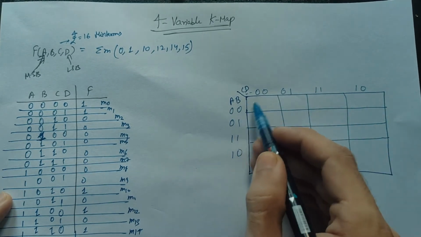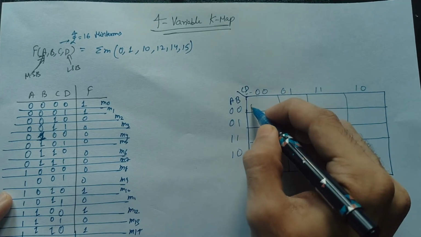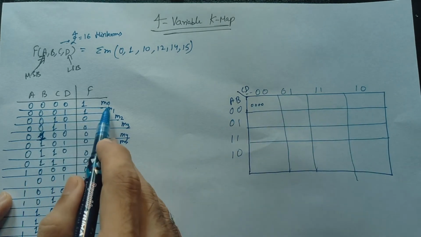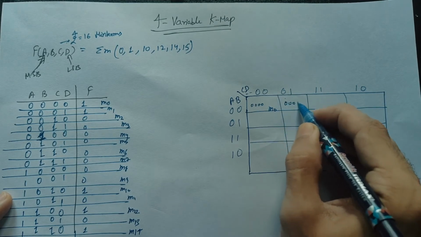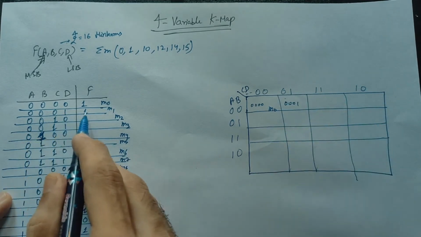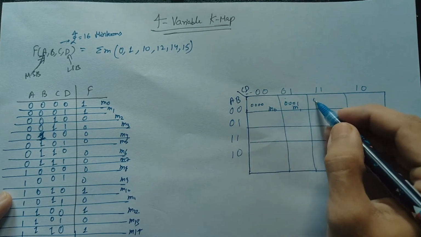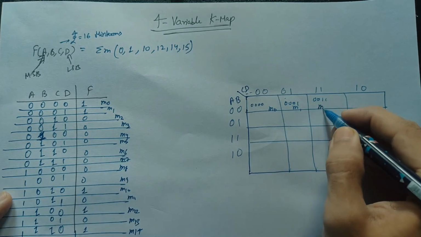So this is 0 0 0 0, and from the table 0 0 0 0 is M0. This is 0 0 0 1, which is M1. This is 0 0 1 1; from the table, 0 0 1 1 is M3.